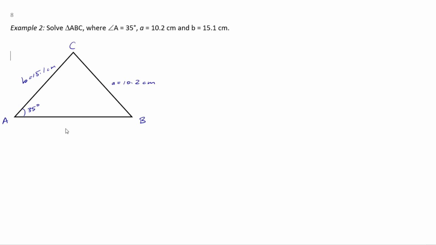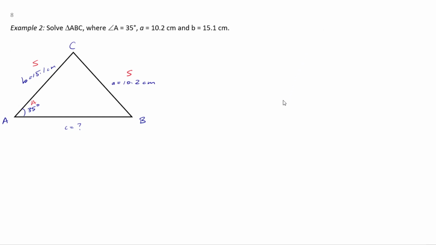As you can see, I don't have that bottom side. What I do have is a side and a non-contained angle, which means I have to check to see if this is a situation in which we have the ambiguous case.